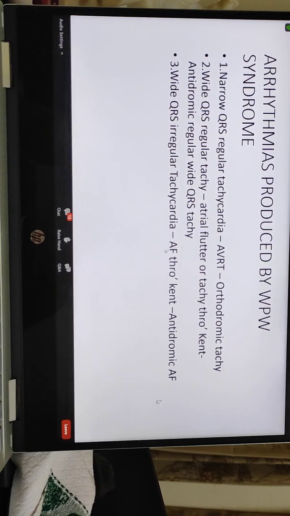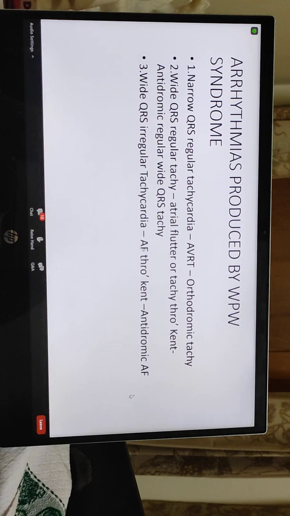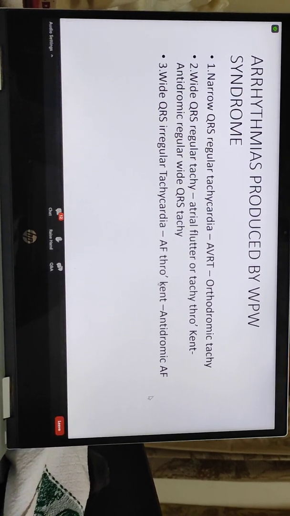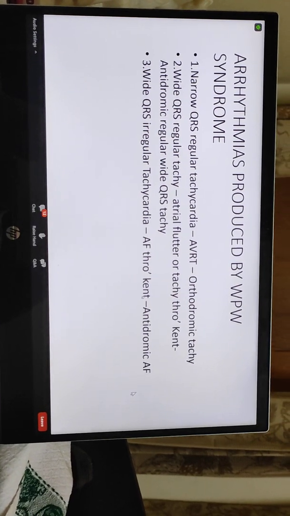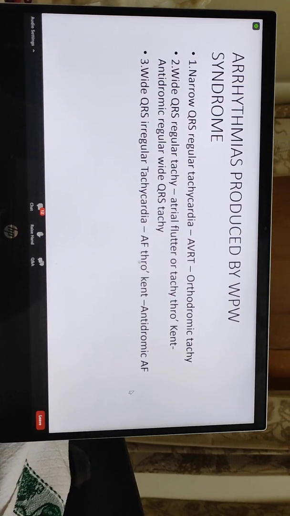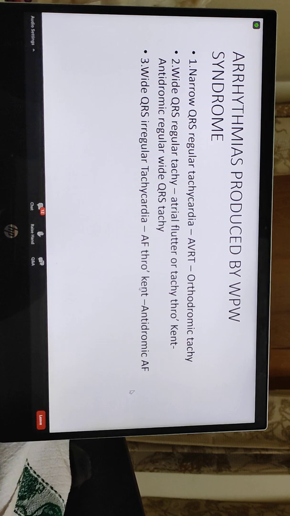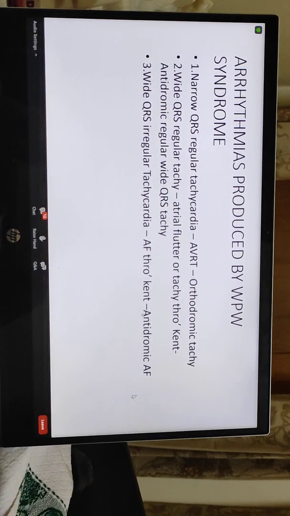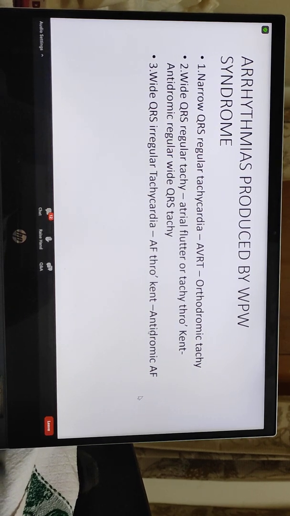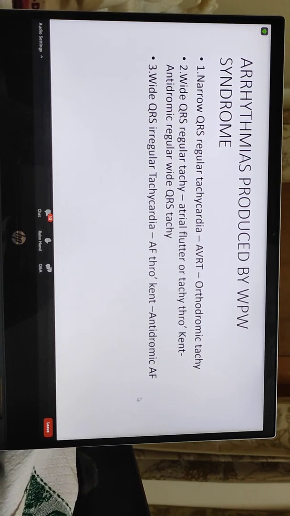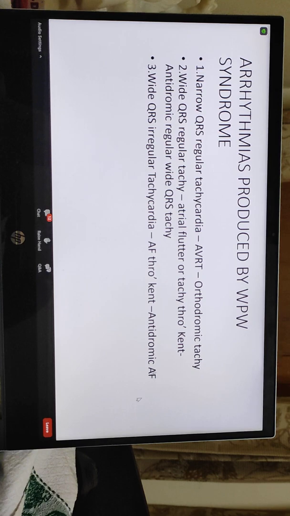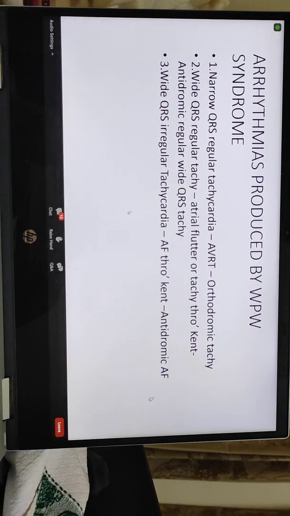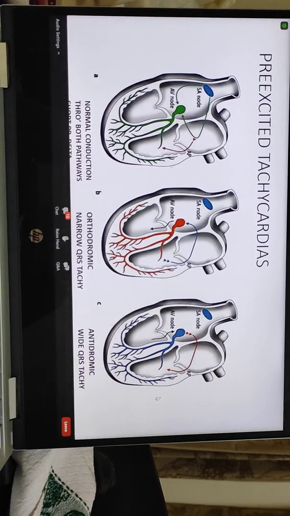So many of these atrial fibrillation impulses rapidly get conducted to the ventricles. This results in a very rapid ventricular rate. That means atrial fibrillation impulses are antegradely conducted through the accessory pathway, resulting in antidromic atrial fibrillation. The most dangerous and life-threatening arrhythmia which can cause sudden death is antidromic AF in WPW syndrome.